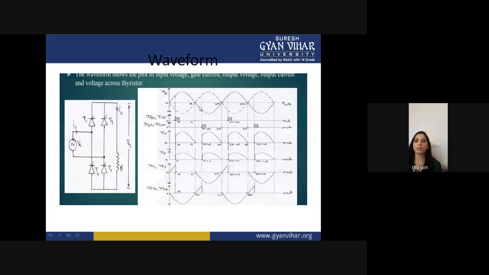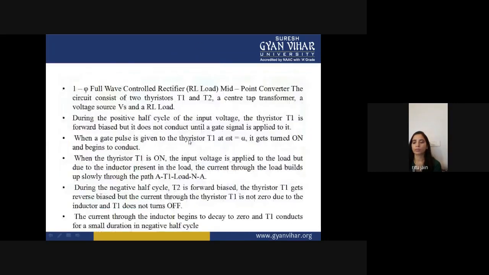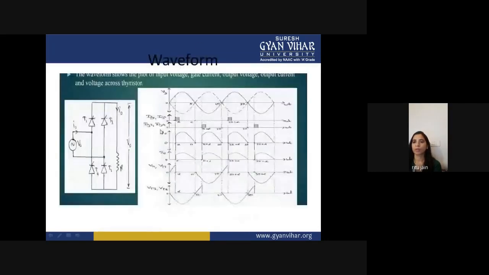Right? Now, you can see from pi to 2 pi, we are applying gate pulse to T3 and T4 SCRs, and we are applying gate pulse over here.